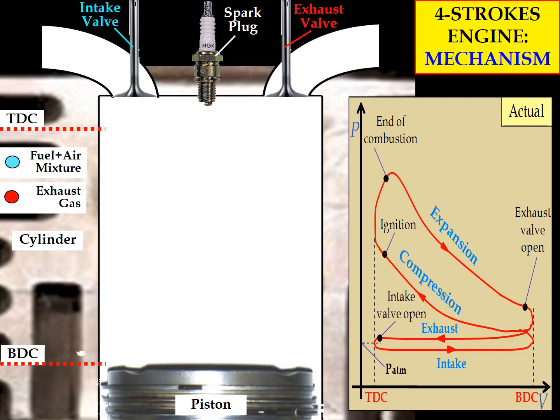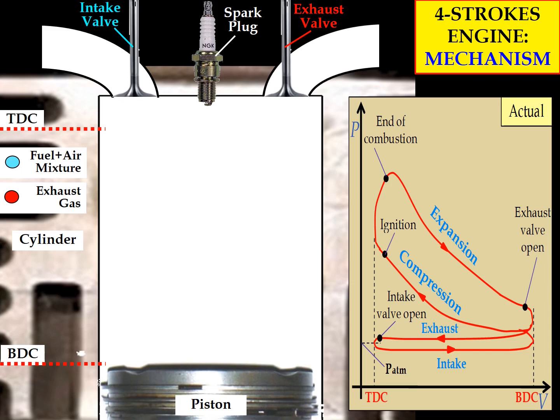As shown in the PV diagram, we can see four important processes involved: the expansion process, compression process, exhaust process, and intake process. Each process represents a different stroke during the combustion process of the four-stroke engine.